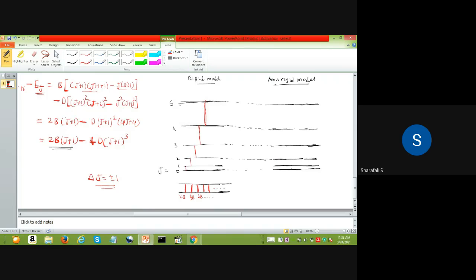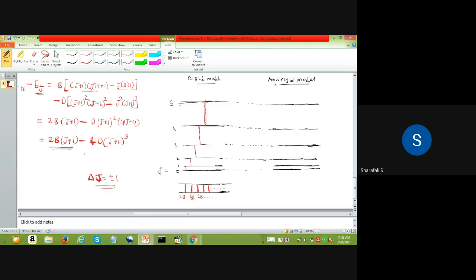But here we have only one quantum number, so only that J variation we have to consider. So here also the transitions will be the same as in the rigid rotational model.